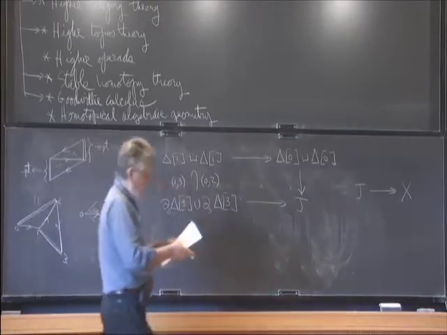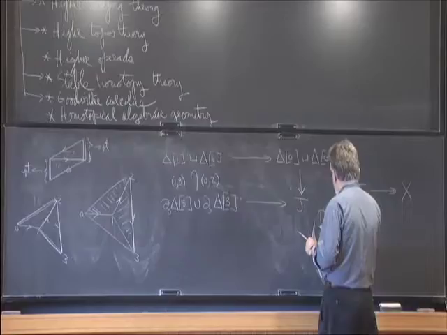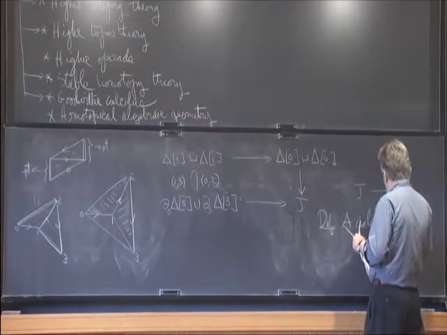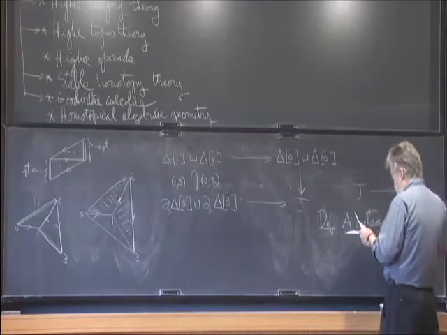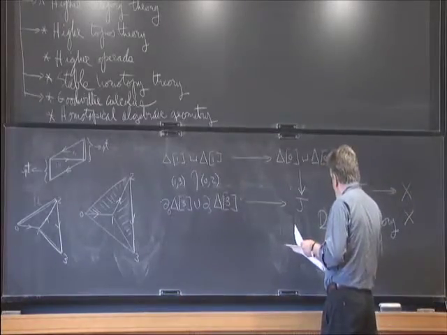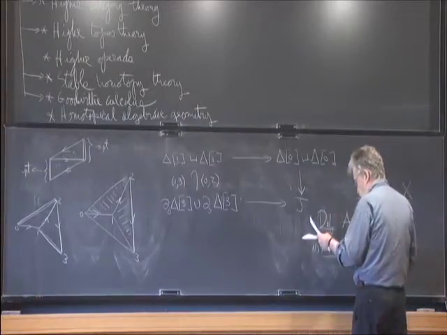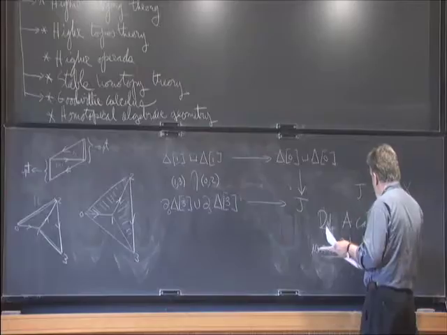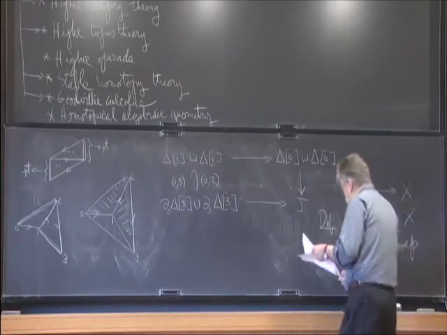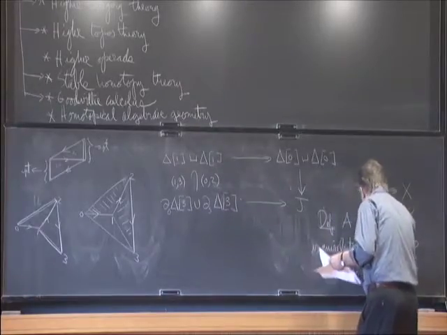Okay. And now, definition: a category X is univalent if the canonical map, the diagonal map from X to X to the J, is an equivalence.